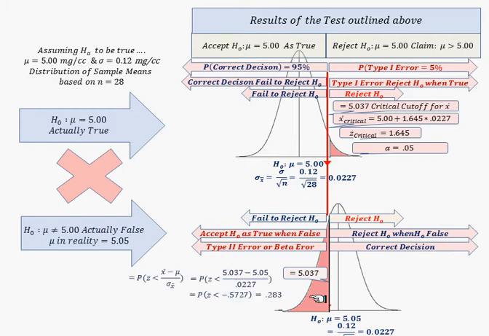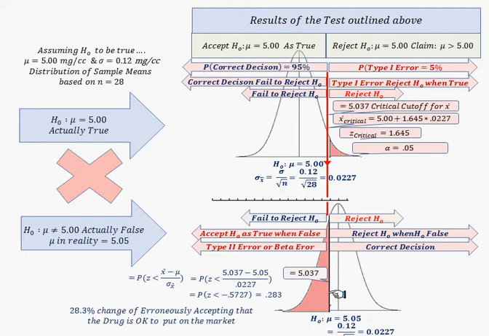And to calculate that error, we take the cutoff, or the critical X bar value, minus your hypothesized value, 5.05, divided by the standard error, and getting an area there of 28.3%. Probability of a type 2 error. Probability of correct decision is 71.7%.